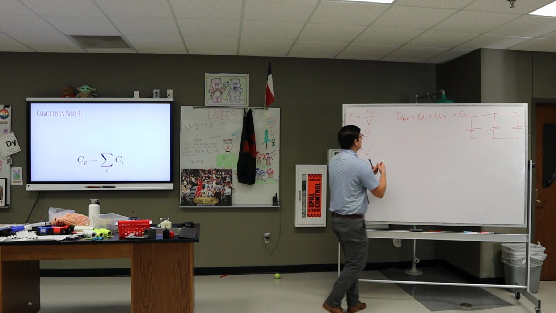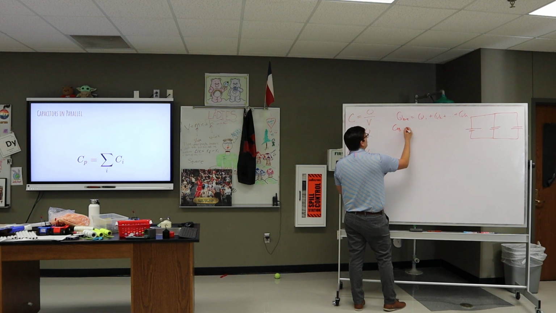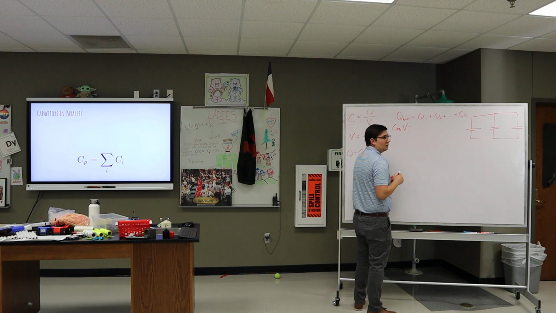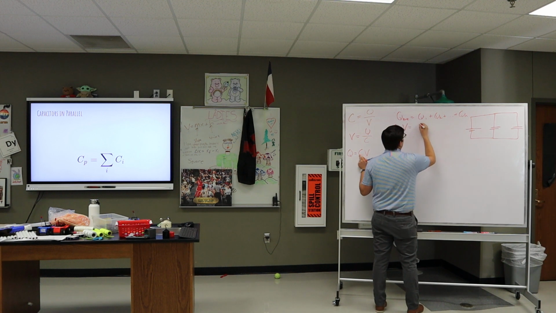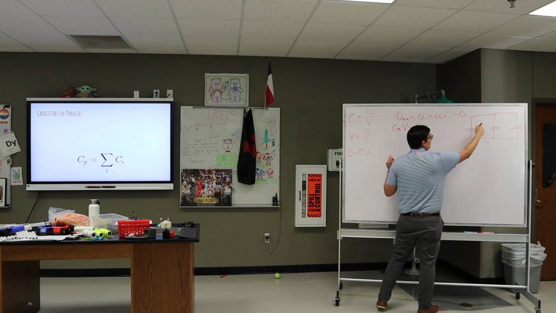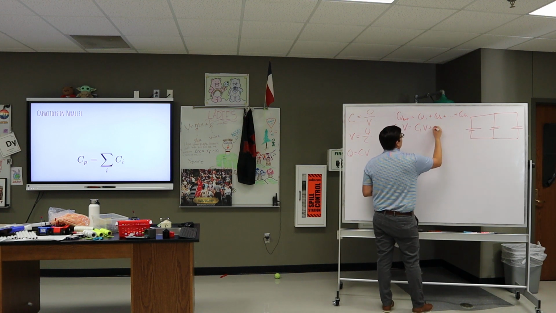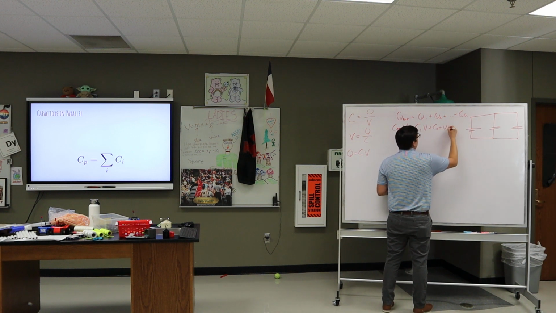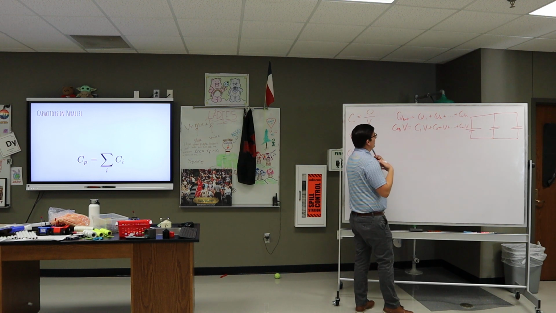I can substitute to say that the total charge must be equal to the equivalent capacitance multiplied by the battery voltage. Each of these is equal to its capacitance multiplied by the battery voltage, because they're all hooked up to the battery directly, and once again, it's all the same voltage.